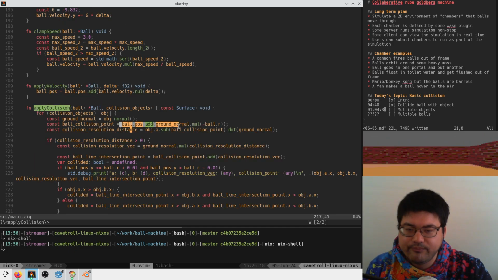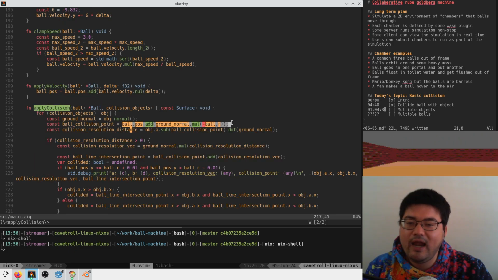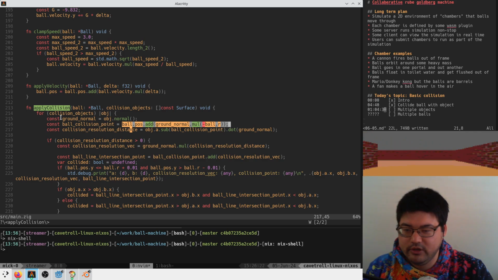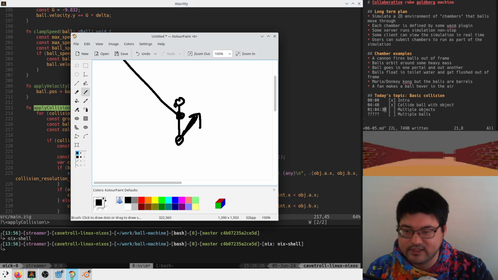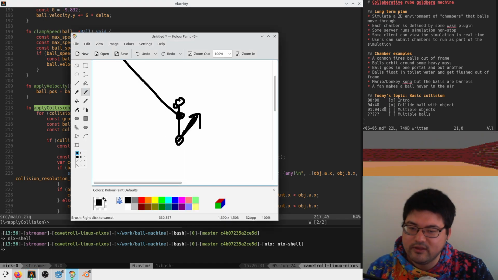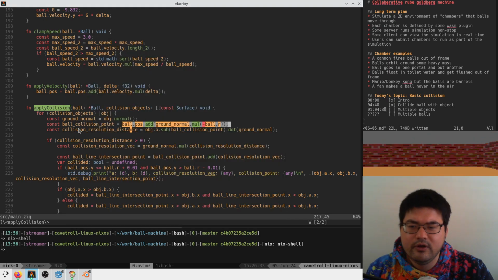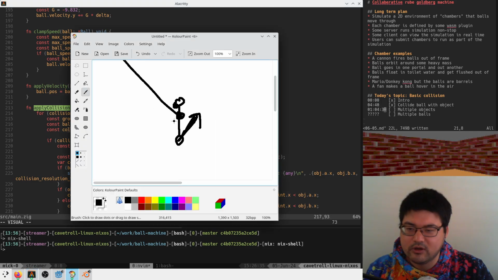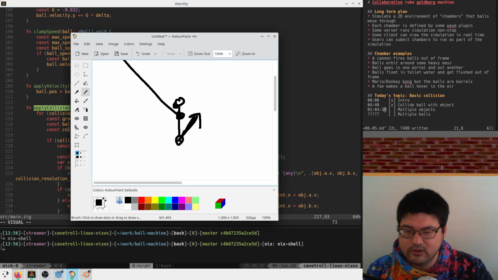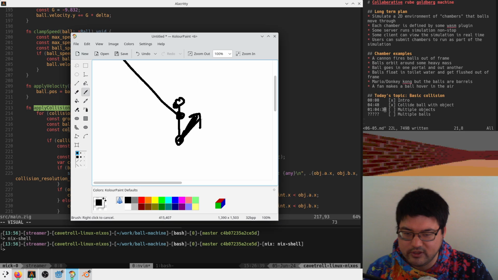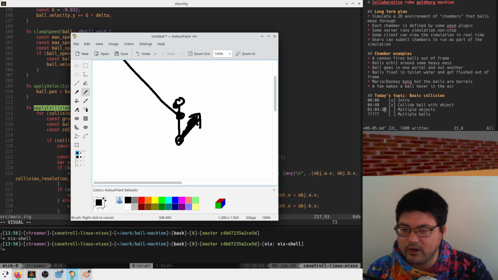After we've done our movement, we just add the ground normal to the ball position to get this point in absolute space. Then we say that the collision resolution is to go this way, which is not what we want now. We want it to be this.